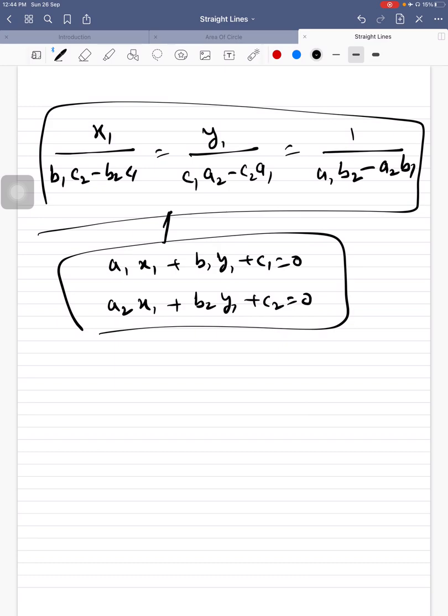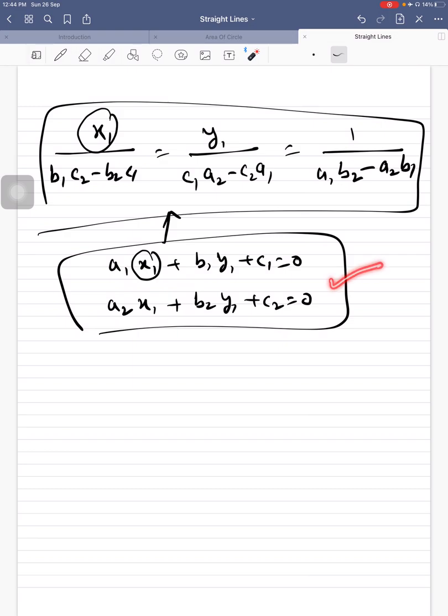By comparing these two, for x1 we have b1 c2 minus b2 c1. For y1, we have c1 a2 minus a1 c2, and the denominator is a1 b2 minus a2 b1.